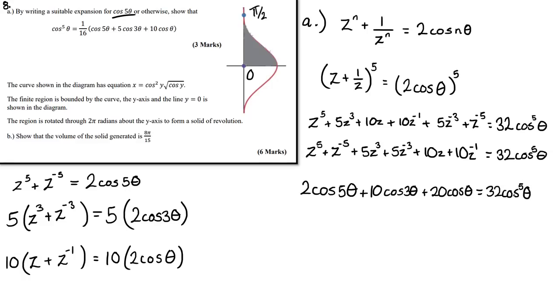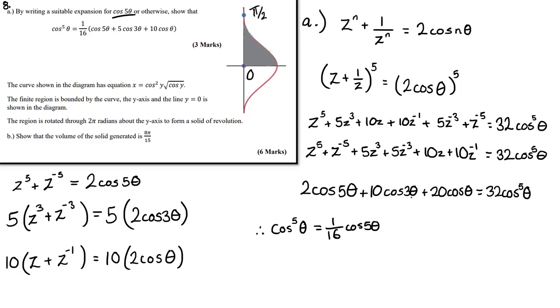Okay. And from here now we're pretty much done with this question. We need cos to the power of 5 theta, so we don't need this coefficient here of 32. So all I do now is divide through by 32. Therefore, cos to the 5 theta is equal to 2 over 32, which would give us 1 over 16 cos 5 theta.